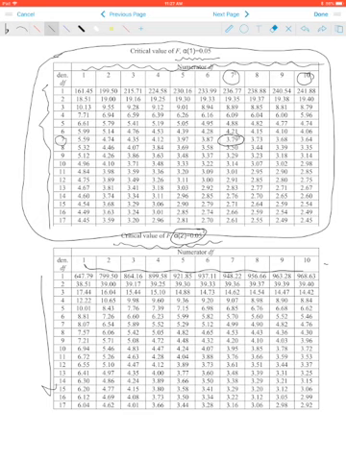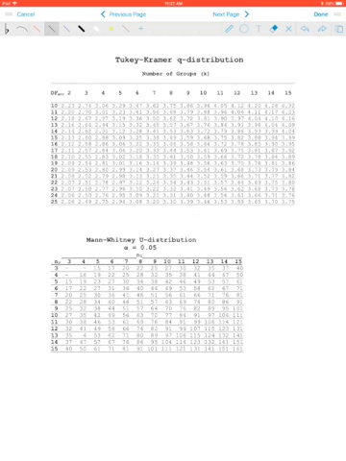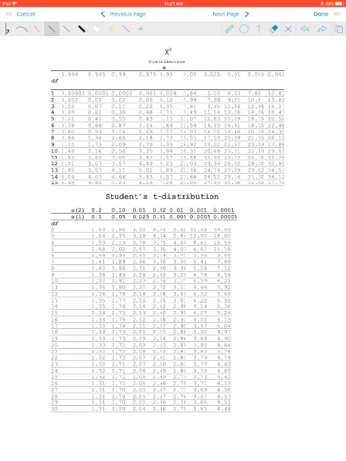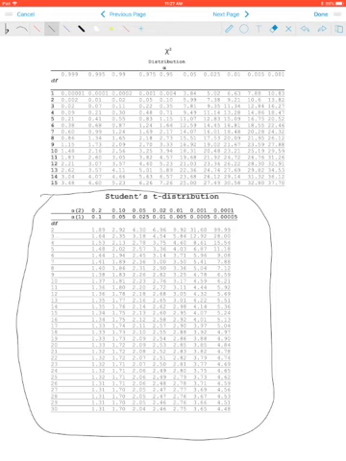And while I'm here looking at stats tables, let me just go back and refresh your memory about the use of T tables. So here is Student's T distribution, or at least a portion of it. Just as a reminder, pertinent to the t-tests we did, both the paired t-test and the independent sample t-tests, for T it's just a single table, but you have different columns for alpha 1 versus alpha 2.